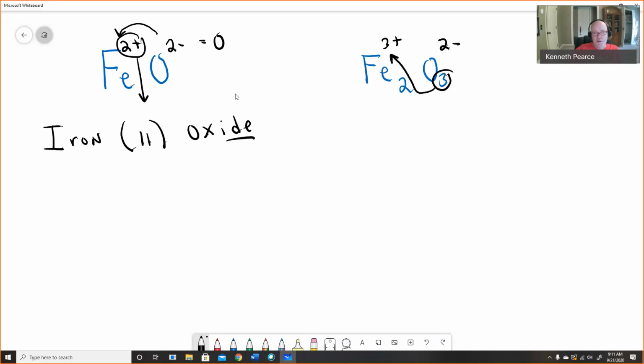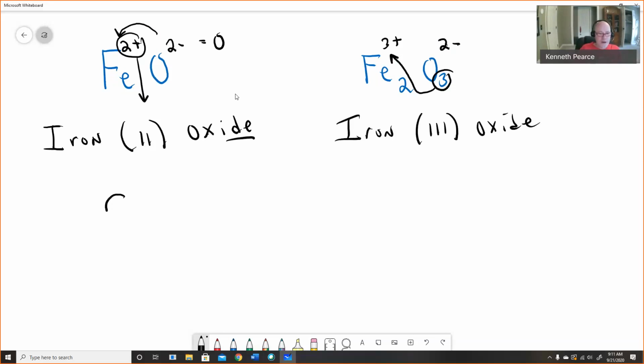And so this becomes iron Roman numeral 3 oxide. Once again, the Roman numeral 3 on the iron just tells you the charge on the iron, because iron comes in 2 flavors. It can either be 2 plus or 3 plus.